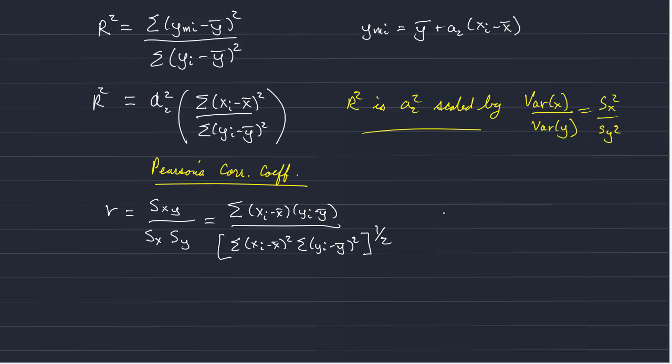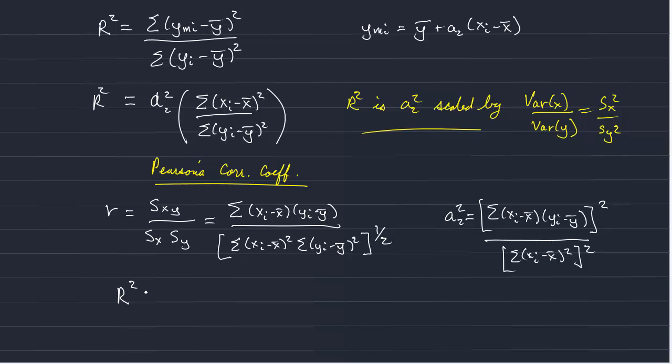And if we recall our solution for A2, and we square it, so this is A2 squared, and if we substitute that into r squared, we see that r squared is equal to our Pearson's correlation coefficient squared.